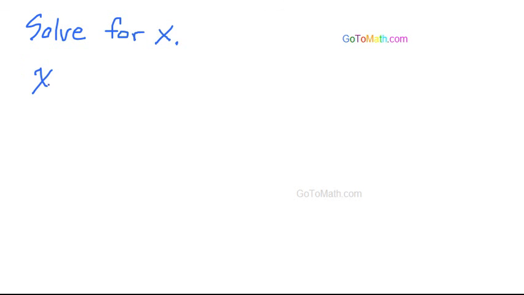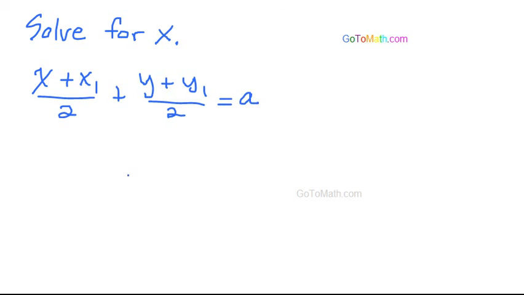So we have x plus x sub 1. So we're taking the average, aren't we? Taking the average of two numbers, isn't that what's going on there? And then we have y plus y sub 1, taking the average of some y values, and it's equal to some number. We'll say a over here.